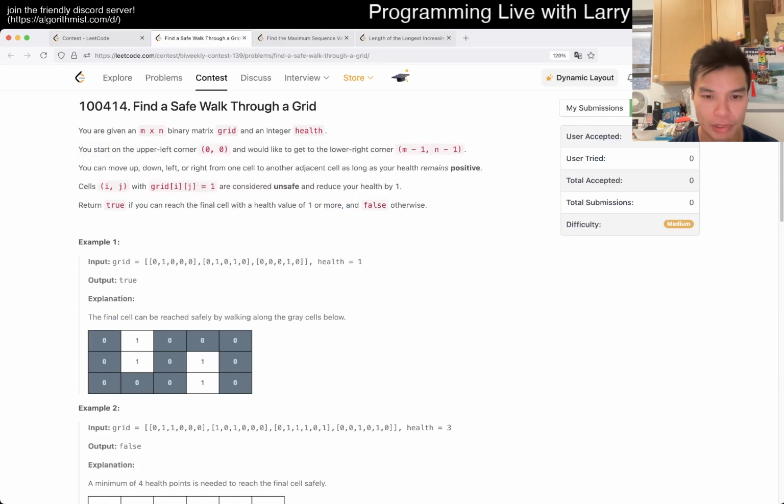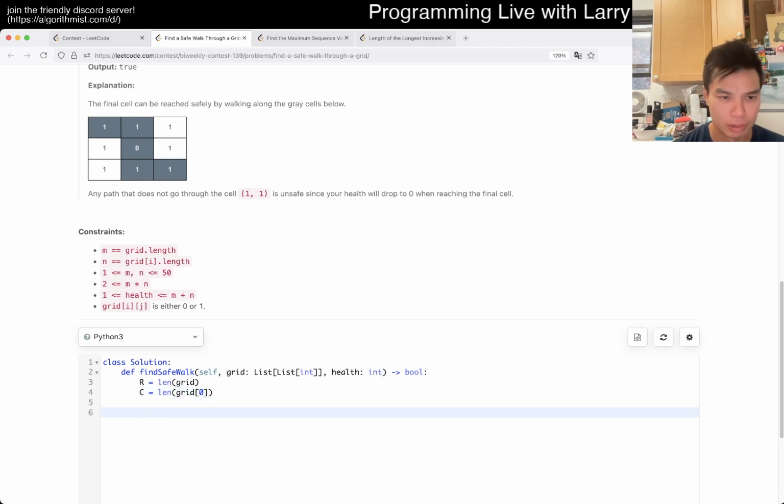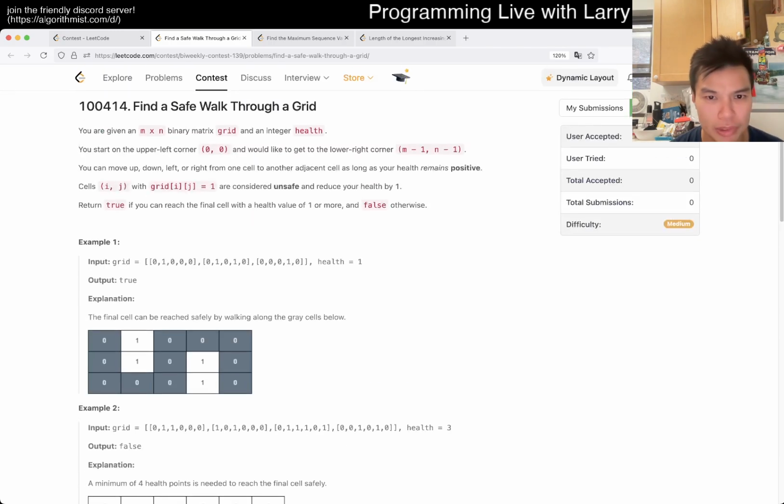It's a 5-pointer. Okay, 2 hard problems today, maybe. The 5-pointer. What am I doing? Buffer switch.